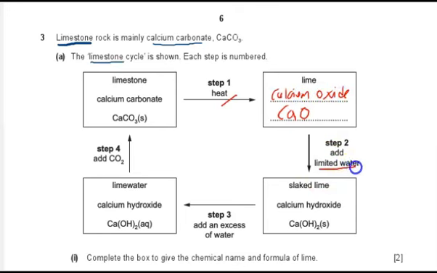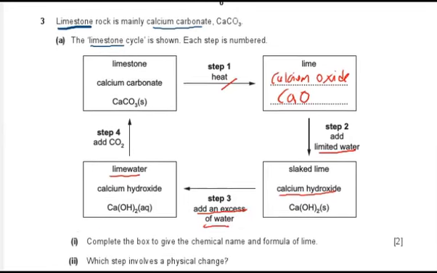Then you add water, you'll be getting calcium hydroxide, slaked lime, and when we add excess water, you'll be getting the lime water. So just remember this part. Now let me move down.